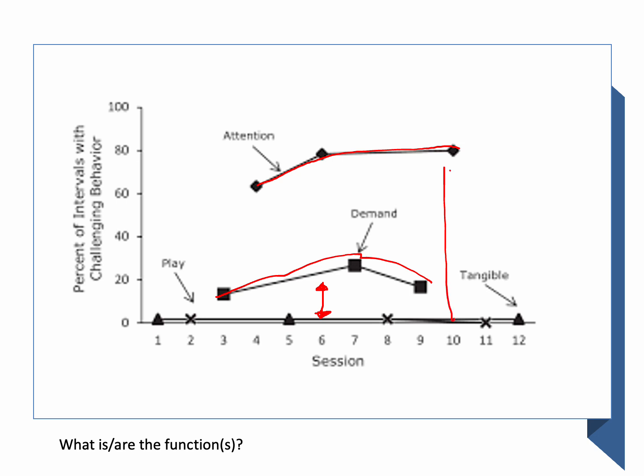And there's a differentiation between that data path. These are called data paths here. You'll learn about that. You're going to have a course on graphing, but these are called data paths. The data path for the attention condition and the one for the demand condition have clear differentiation between the other two data paths, the one for play and the one for tangible. Okay, so that's how we know attention and escape from demands are maintaining this particular behavior. They're the reinforcers maintaining this behavior.